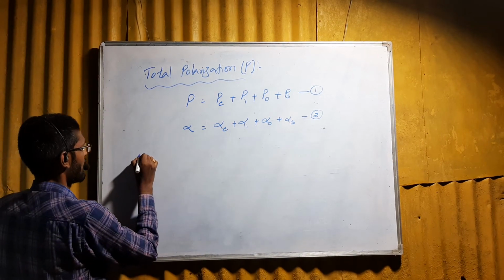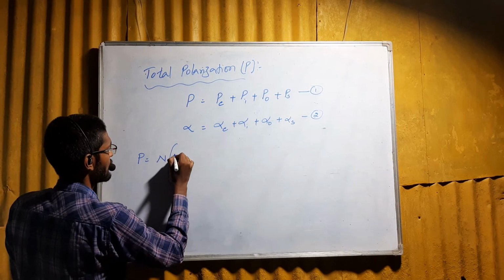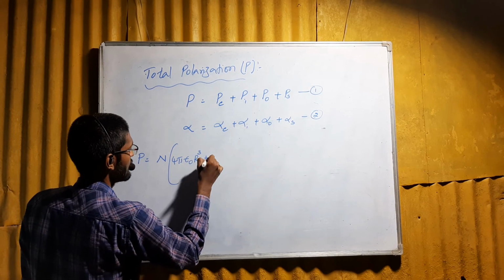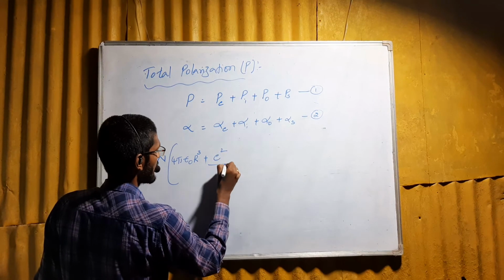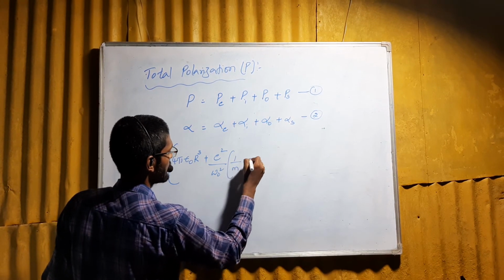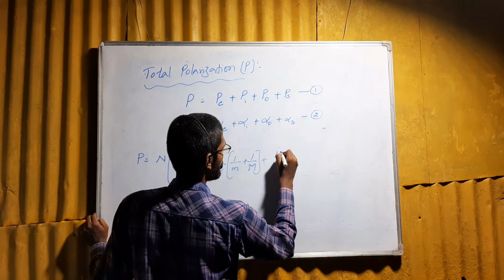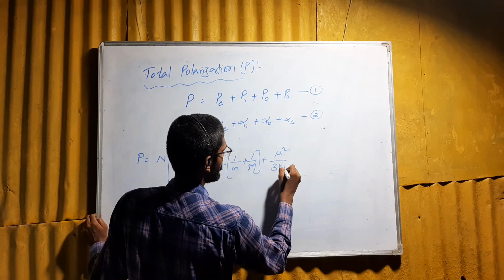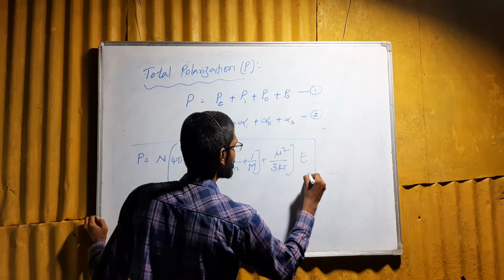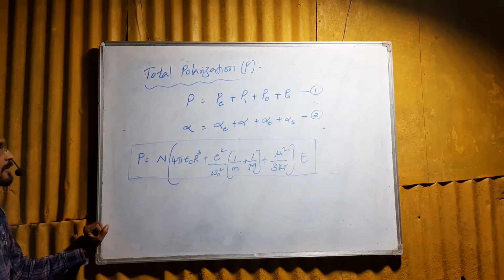total polarization P can be given as n into 4 pi epsilon naught r cube plus e square by omega square into 1 by small m plus 1 by capital M plus mu square by 3kt, into capital E. This equation represents total polarization produced in dielectric materials.